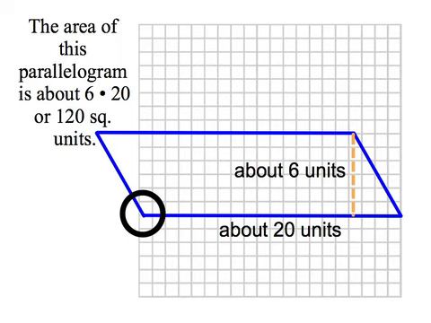So if we hadn't rounded, the base times the height of the long side times the new height of 6 units would have been 119 square units. But rounding to 20 units long for the long side, we get an answer just a little bit different than our first answer. But we can see that the area of this parallelogram is somewhere around 119 or 120 square units.